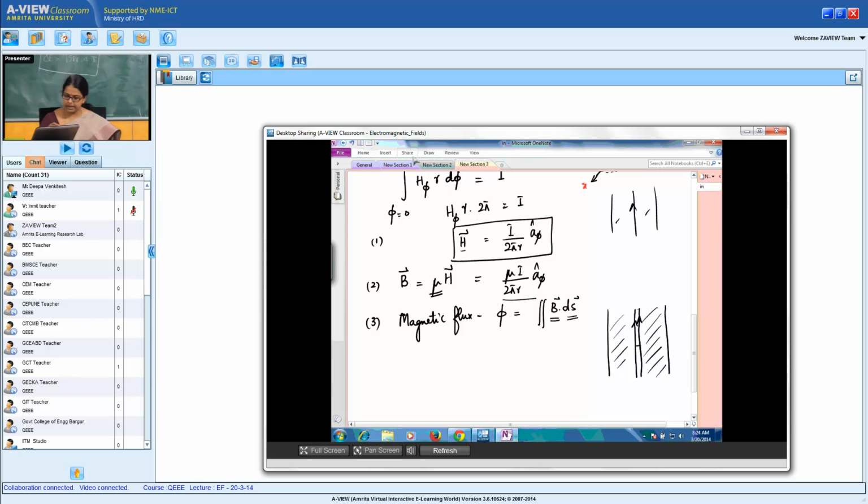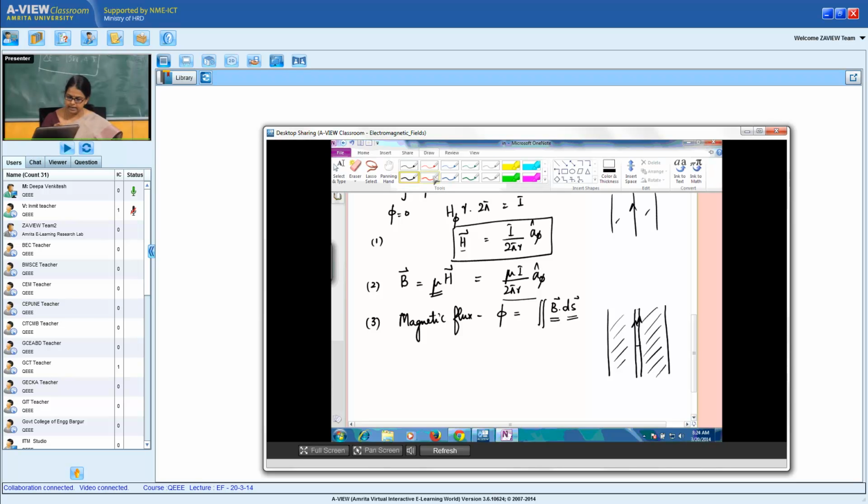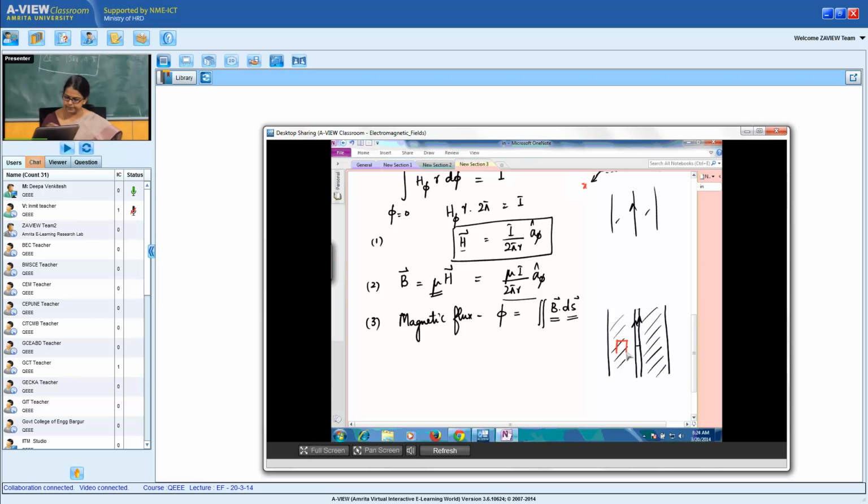So to be able to do that, I take an element surface area ds, of let us say length L, whose width is dr, because you see this is the cylindrical coordinate system.